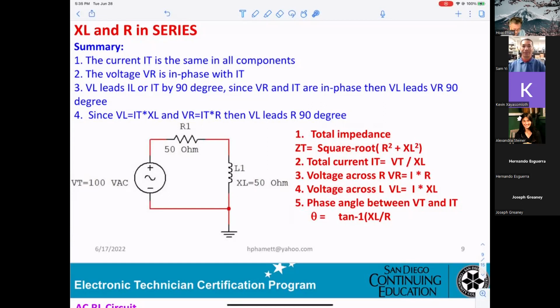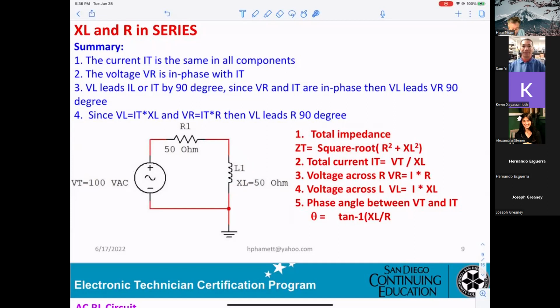The voltage VR is in phase with I total, with no phase difference. What happened to VL and IL? Like we already said, VL leads IL by 90 degrees.